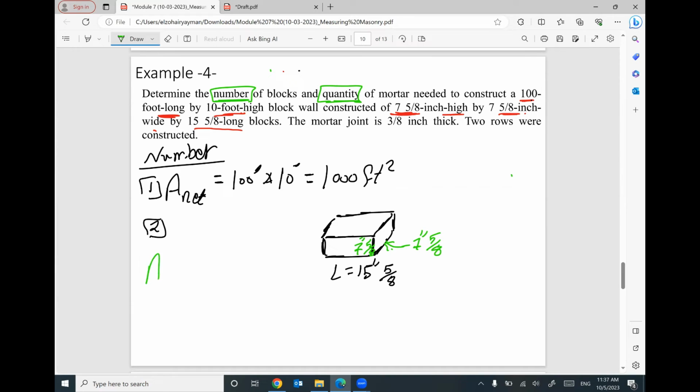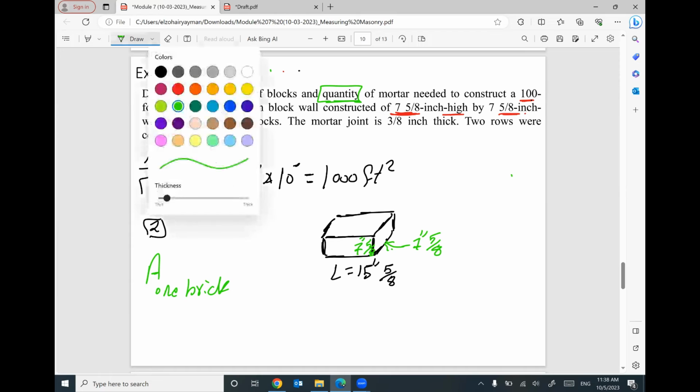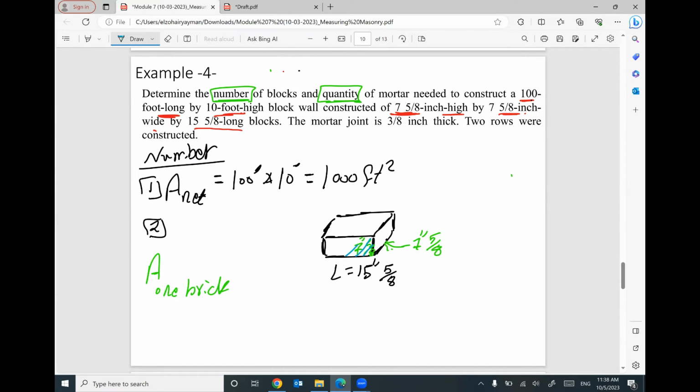So the area of one brick, I will consider the area of this surface, which equals 15 inch and 5/8 plus half the thickness of the mortar from this side and this side.